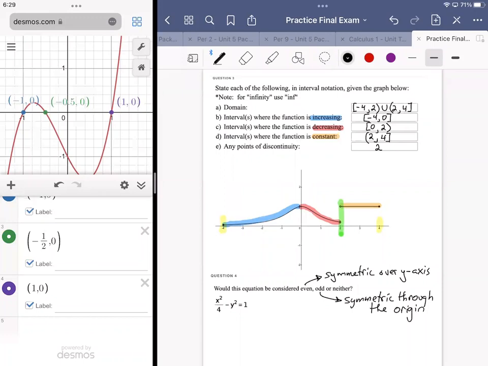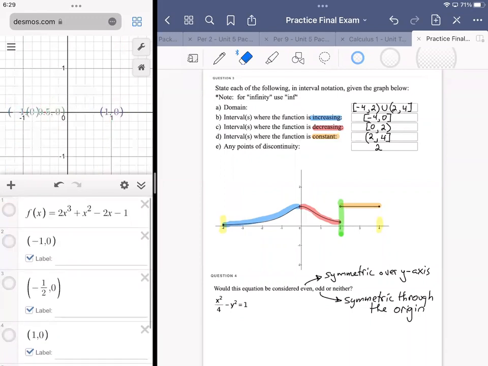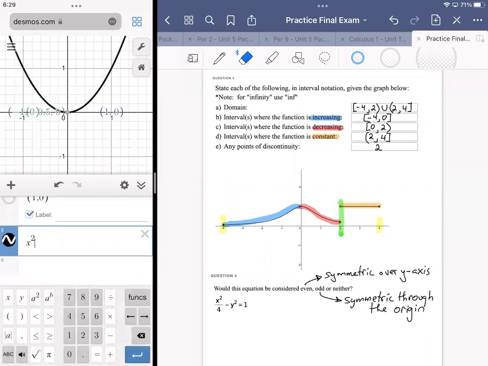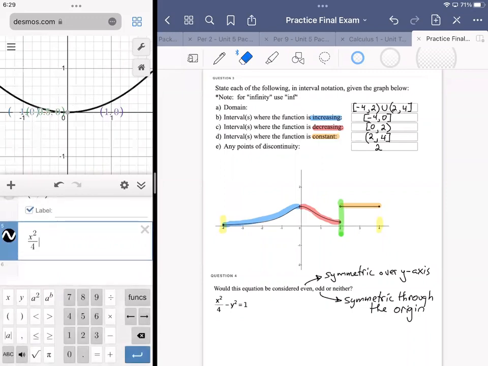That's all a fancy way of saying graph it and take a look at the picture, see what's going on. All right, so x squared over 4 minus y squared equals 1.